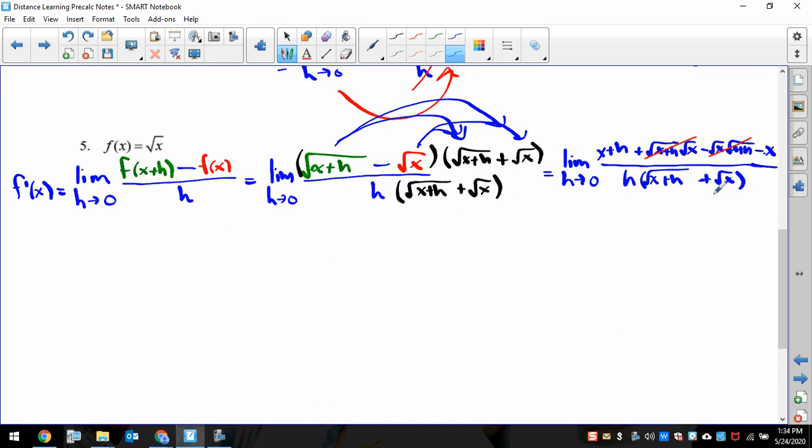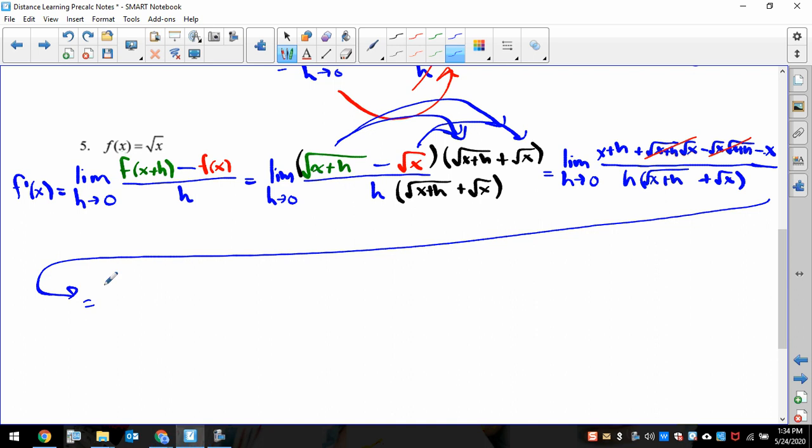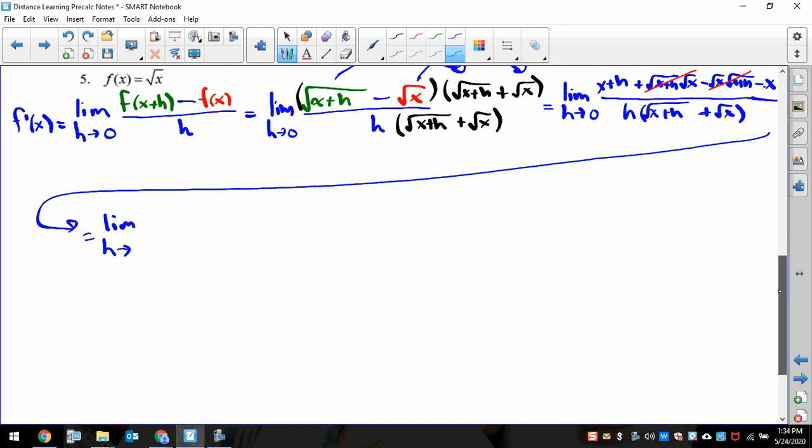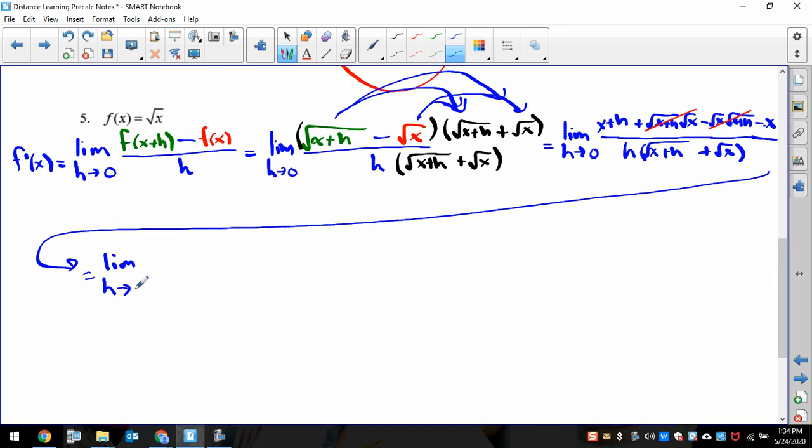So I didn't distribute this h through, I just left it alone. So let's maybe carry this down to the next line. You can carry it on down, but I'll carry it horizontally just so that we have plenty of room to expand. I'm not wasting any white space here.